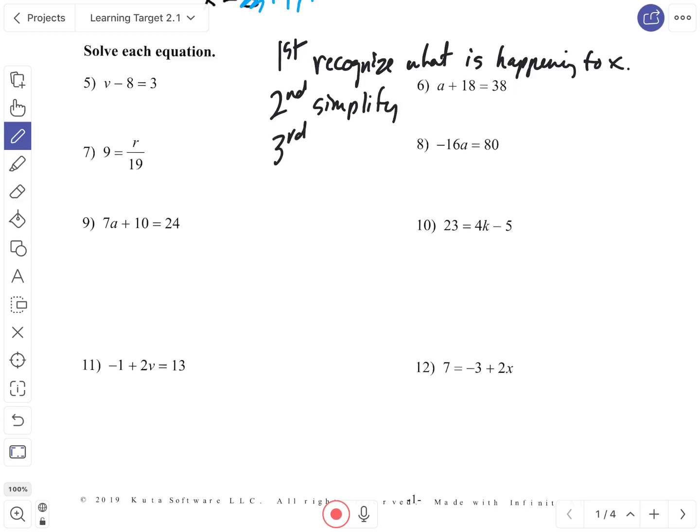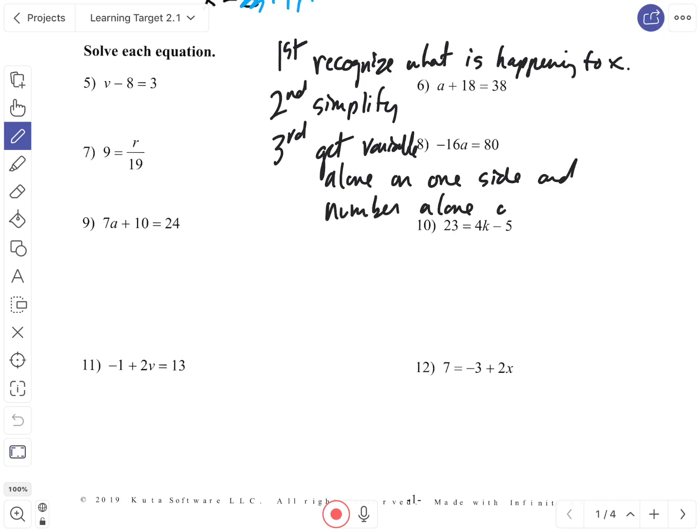Third step, and this is super general, would be to get the variable alone on one side and the number alone on the other. Okay, and to do that, we're doing those inverse operations to undo things, and we're doing them in reverse order.